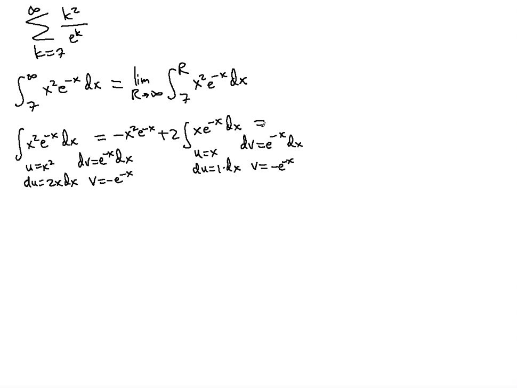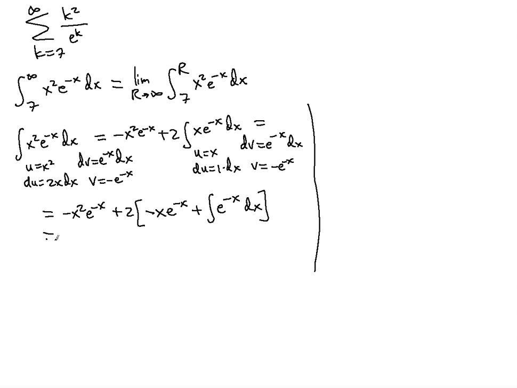So we get negative x squared e to the negative x plus 2 times negative x e to the negative x minus v du, which with that minus gives plus e to the negative x dx.